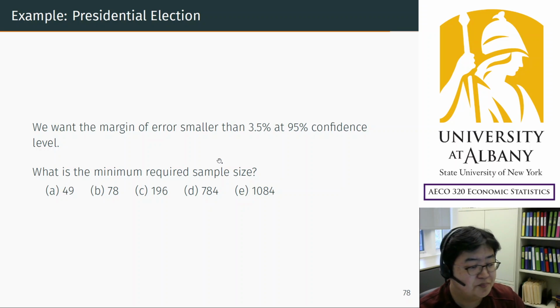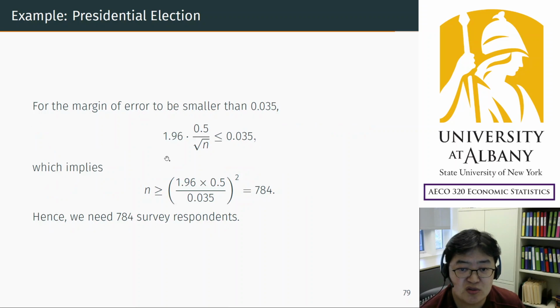Okay, so assuming you have done it, we use this inequality. 1.96 comes from the 95% confidence level, and 0.5 is the standard deviation based on the binary distribution formula, and 0.035 is the desired margin of error, and the sample size is unknown.